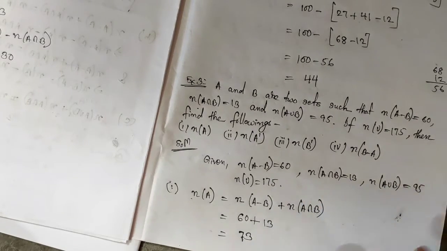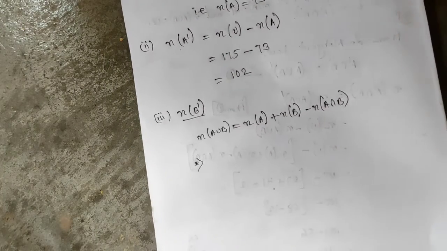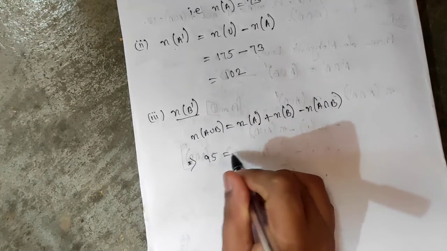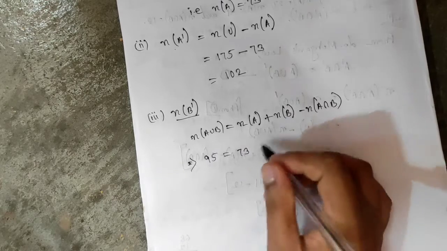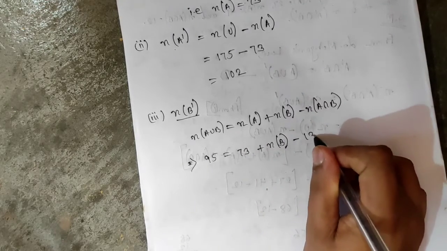And n of A we got 73. So now we will write it here. n of A union B is 95, equals n of A, which is 73, plus n of B, which we need to find, minus 13.